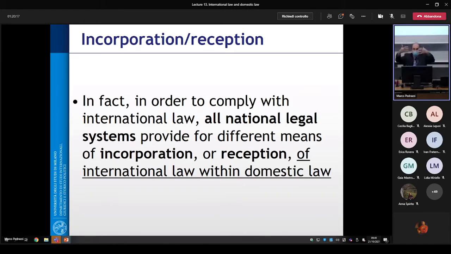So, adattamento del diritto interno al diritto internazionale. But this is how it is expressed in Italian, while in English you talk about the implementation of international law into domestic law, or the incorporation or reception of international law within domestic law.